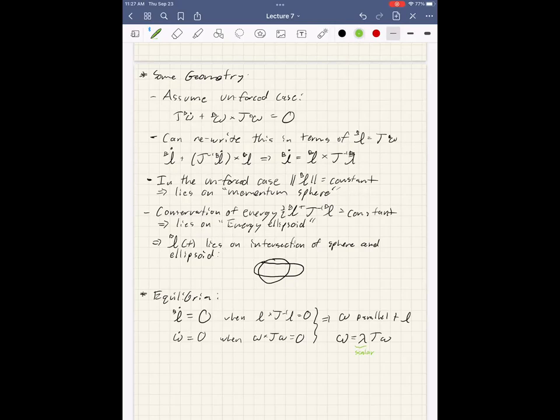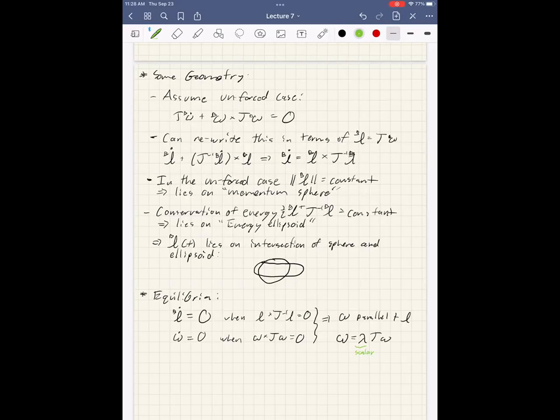Yeah, so whenever omega is an eigenvector of the inertia matrix, this is true, right? Because it just gets rescaled, it doesn't get rotated at all. So there are how many equilibria for a spinning thing like this? Not 3, actually. So it's either direction, right? So if I think about this momentum sphere, it's going to be plus or minus each eigenvector.